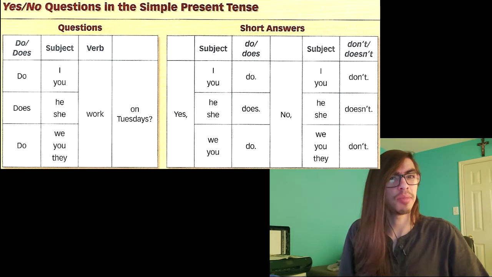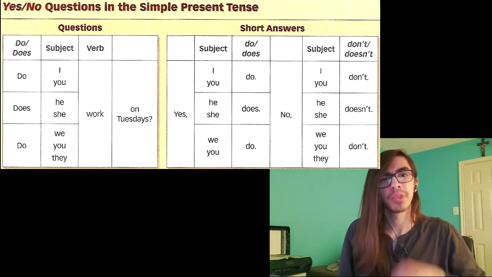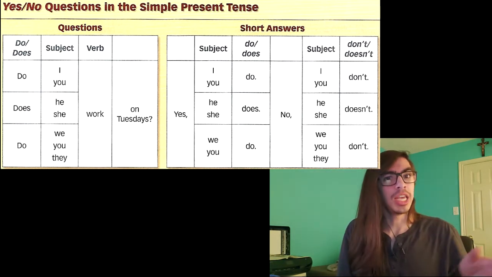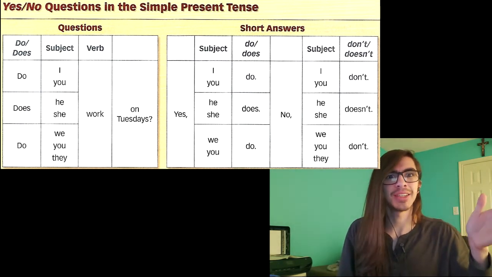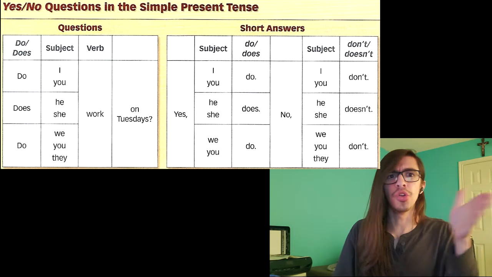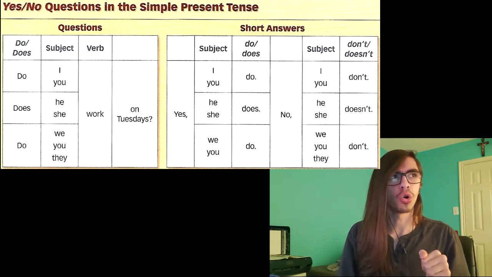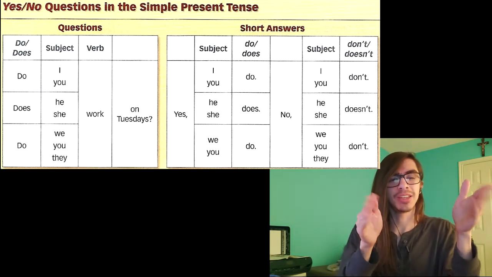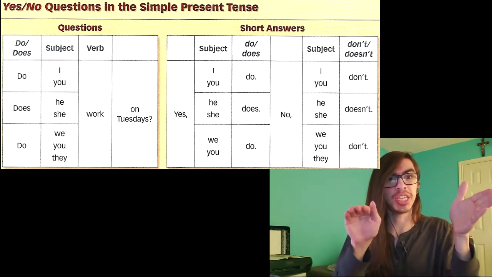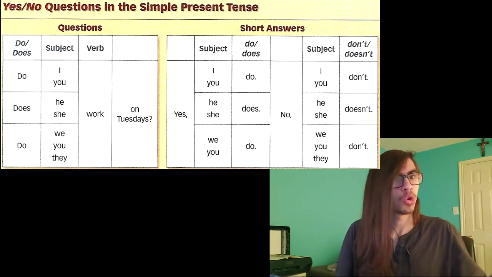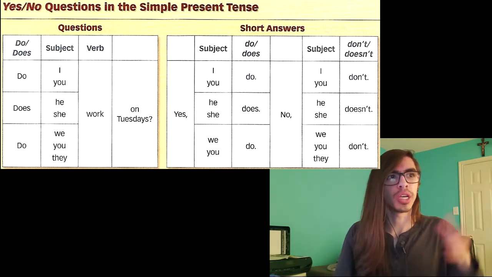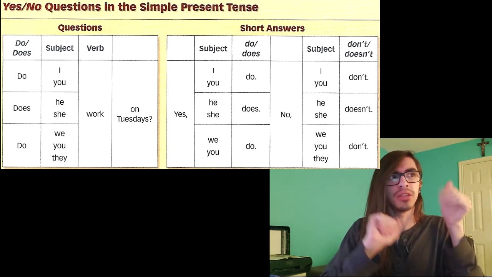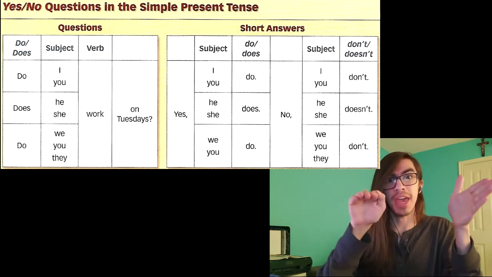Cada vez empieza con sí o no. Y luego, and then you state the person you're talking about. So, yes, she, or no, he, or yes, he, or no, she. Whoever you're talking about. You could also say yes, I, or yes, he, yes, we, yes, they.